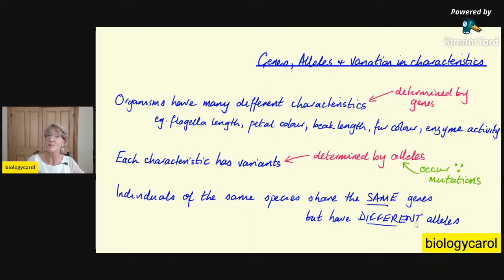We have the same characteristics, but we have lots of variation within those characteristics. And this gives rise to variation within species.